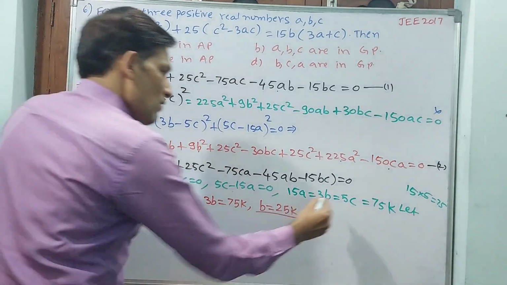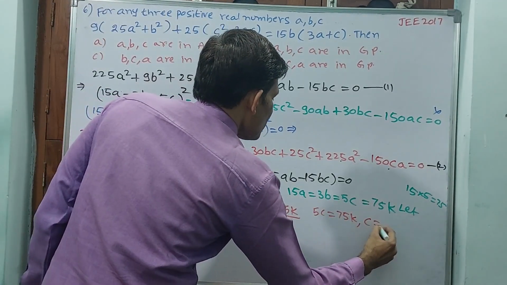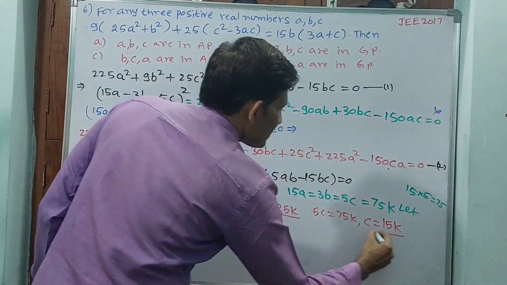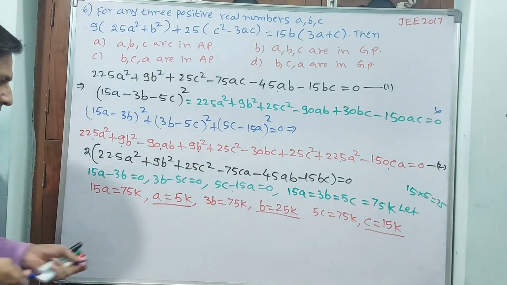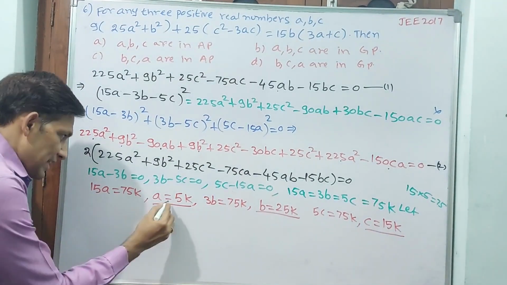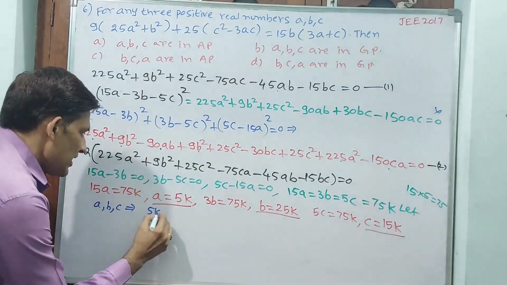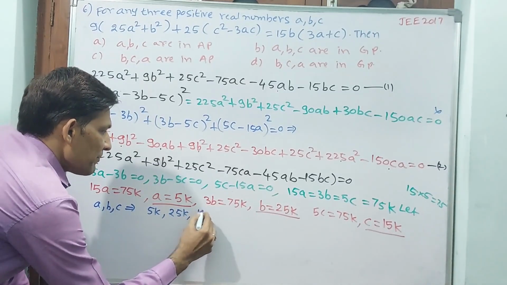Underline. 5C is equal to 75K, C is equal to 5 how many times? 15 times, 15K. This also you underline. Now you have got almost nearer to the answer. See, A, B, C implies 5K, 25K, 15K.